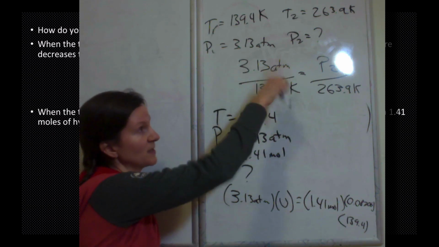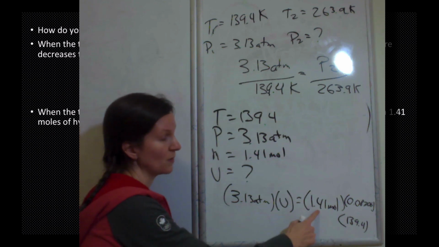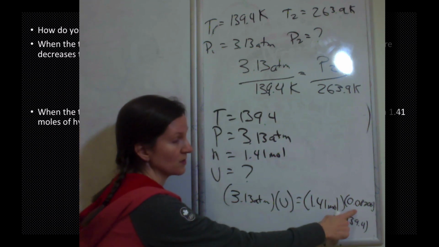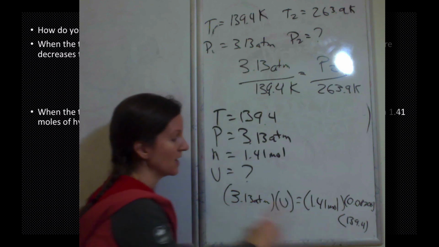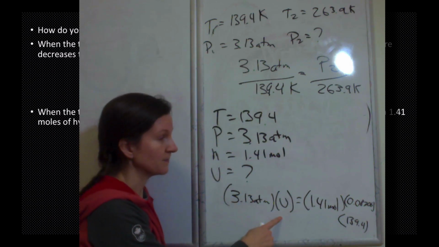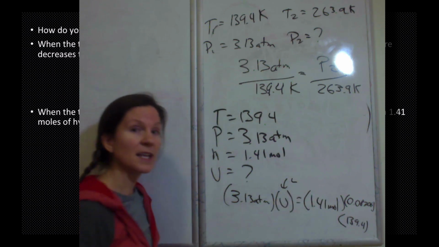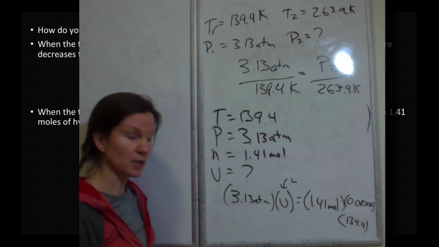Now this one's a cross multiply and divide. This one's a rearrange and solve for the unknown. So I'd go 1.41 times 0.08206 times 139.4, divide by 3.13, and that would solve for my volume then. Since my R has liters, my volume then will be in liters because that's how the labels work.